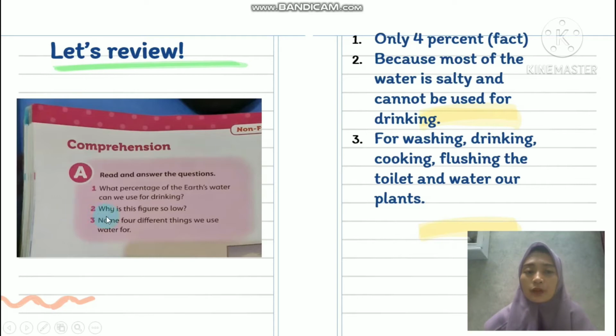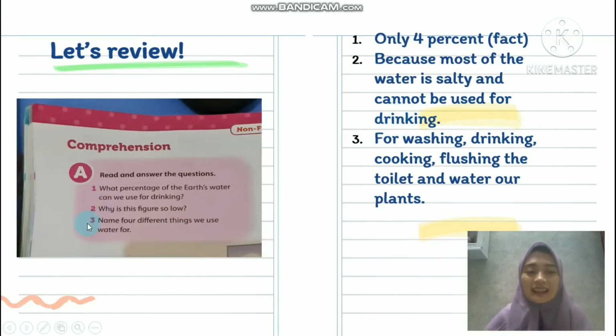Number 2, why is this figure or percentage so low? Look, the answer is because most of the water is salty and cannot be used for drinking. Can we drink seawater? Not really.